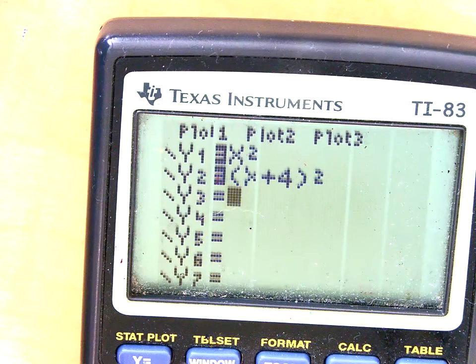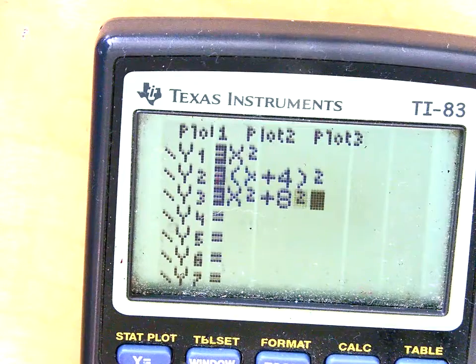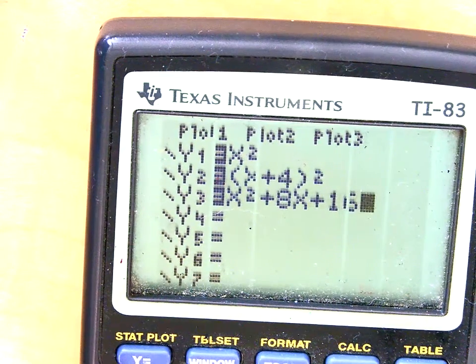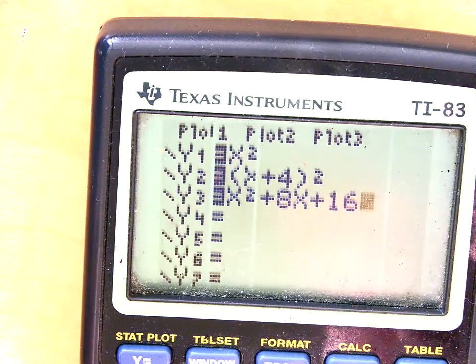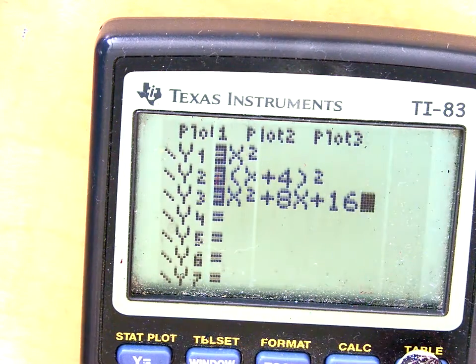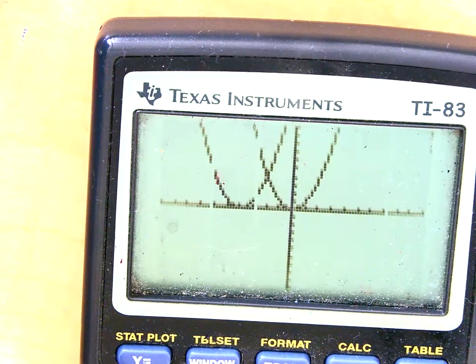If you did x squared plus 8x plus 16, it's the same thing. Okay, so it's going to have the first two graphed, and then it's going to graph the third one. If the second and the third are the same, it'll look like there's not even another graph. You know what I mean? So let's try it. Let's see what happens.